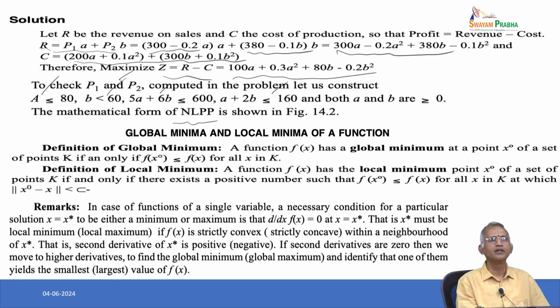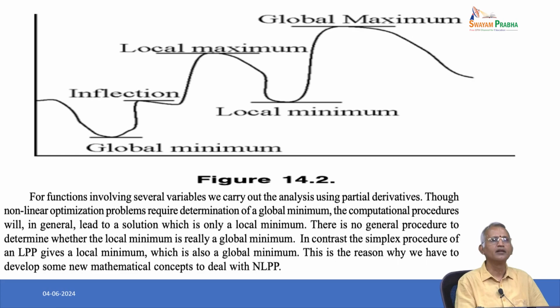This is shown in figure 14.2, where we have to check whether the problem has a global minimum or global maximum, or where the inflection is coming, where the global minimum is coming, where the global maximum is coming.